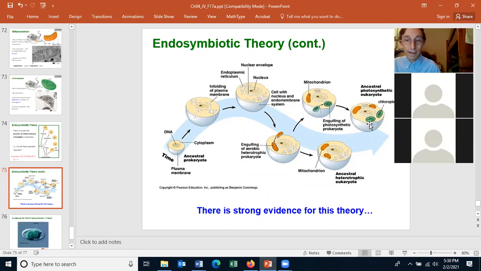So this happened twice in plant cells, with one bacteria becoming the mitochondria and the other becoming the chloroplast. And the two live in symbiosis.